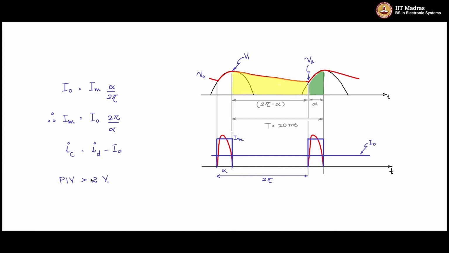You have to give a buffer margin. There are several unknowns, several uncertainties and variabilities, and apart from noise, there can also be surges. So you should give a safety buffer while selecting the devices.